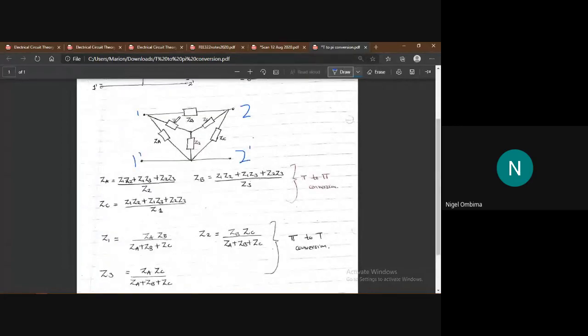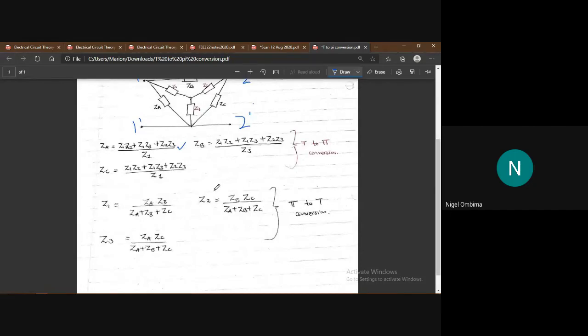To get ZA, it will be Z1 times Z2 plus Z1 times Z3 plus Z2 times Z3. It's just alternate. If you look at it in the book, there is a pattern. If you just understand this first one, of course, it's simple. There is a pattern.